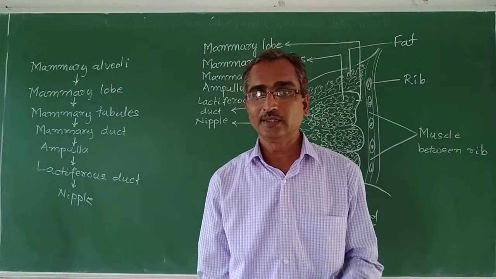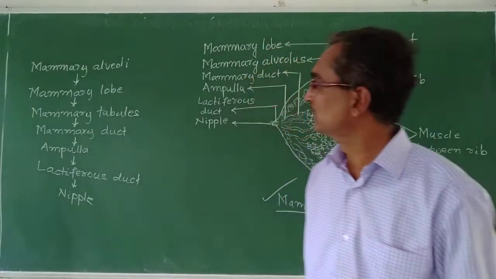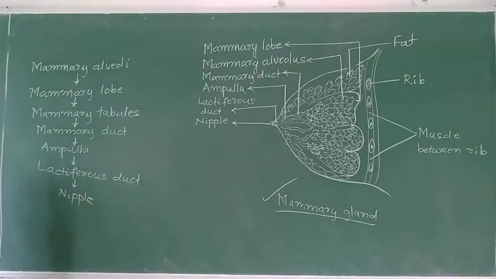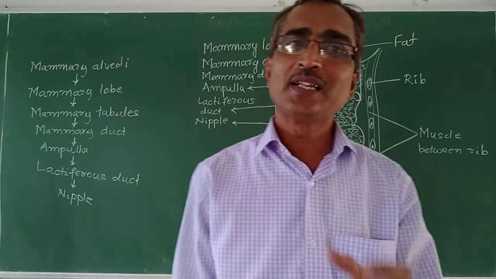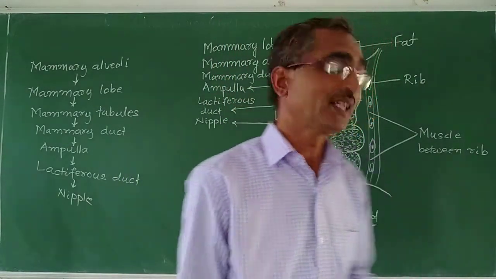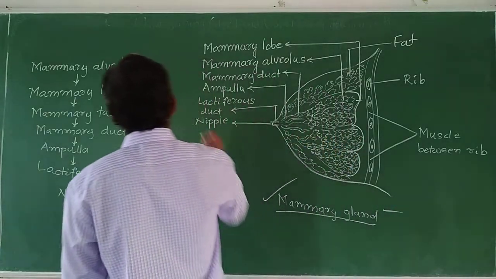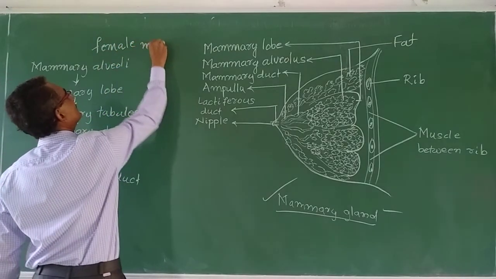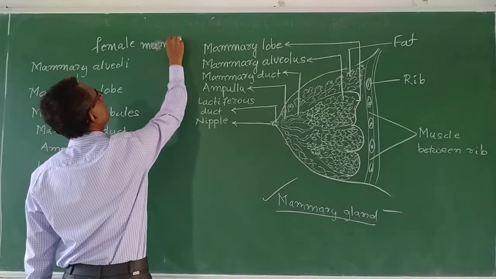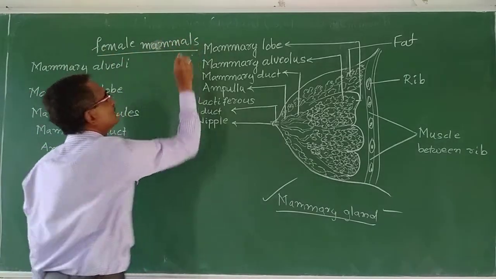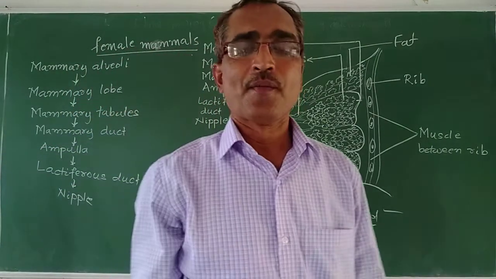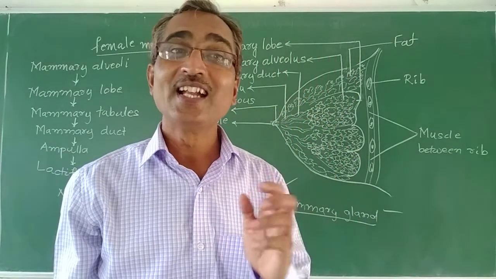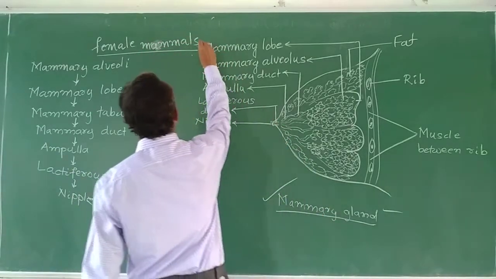We were discussing the structure of the mammary gland, and a functional mammary gland is a characteristic feature and identity of every female mammal.